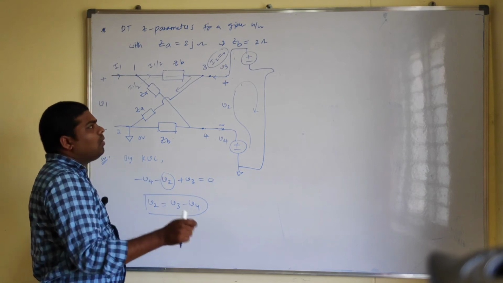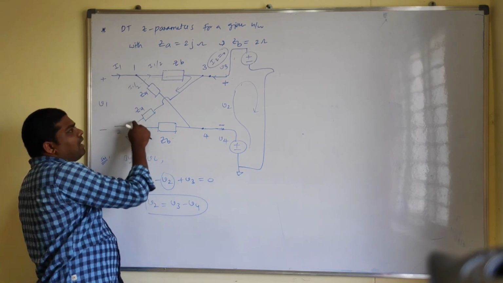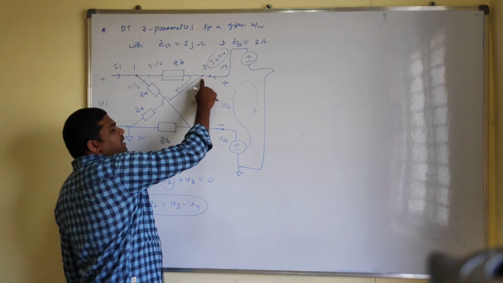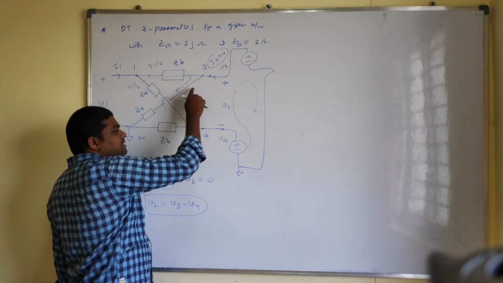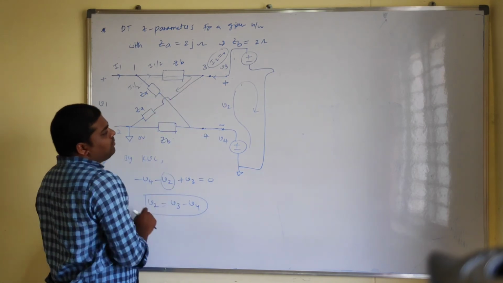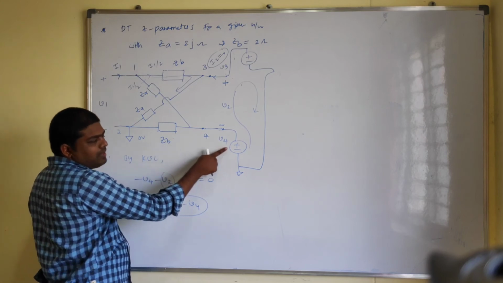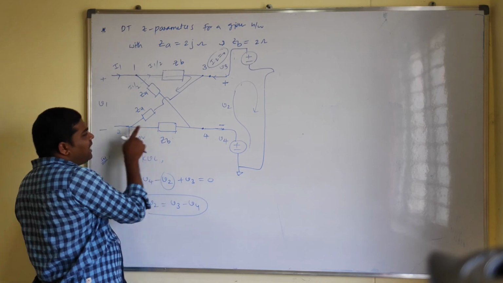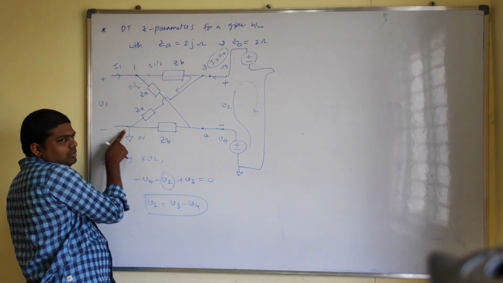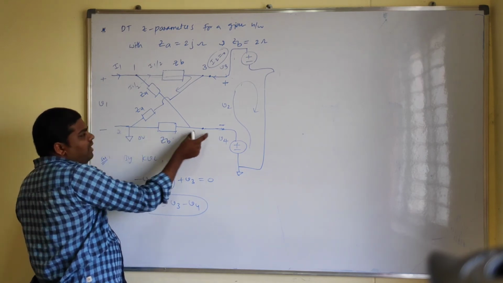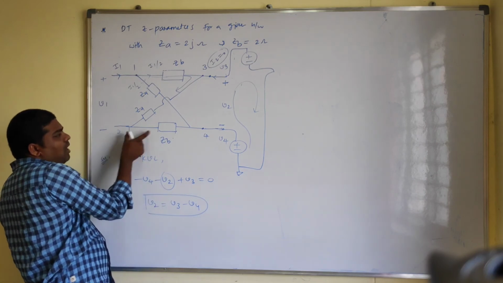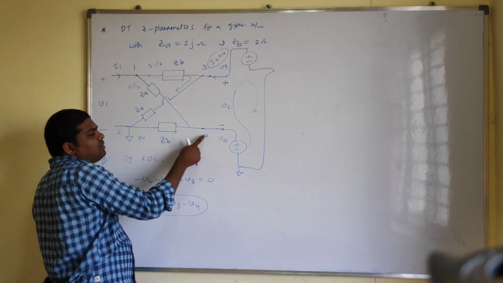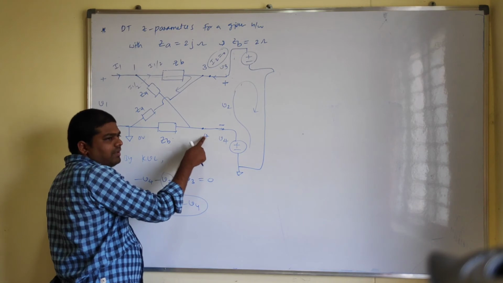So the V3 voltage drop appears across this entire branch. In the same way, here the V4 voltage drop is at this node, and at the end of this branch we have 0 volts. So across this branch the voltage equals V4 minus 0, otherwise V4.